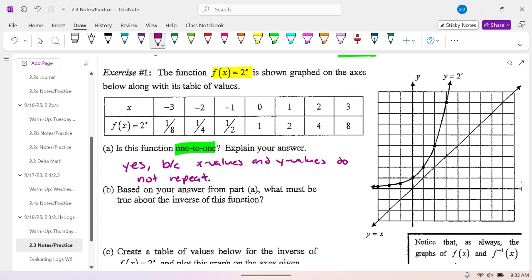If a function is a one-to-one function, what does that say about its inverse? Think quickly. Come on. Right. It's also going to be one-to-one or specifically a function. All right. So if it's a one-to-one function, the inverse is also going to be a function. Inverse will be a function.